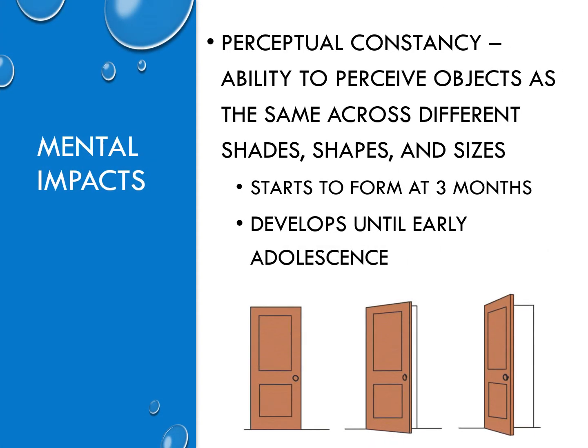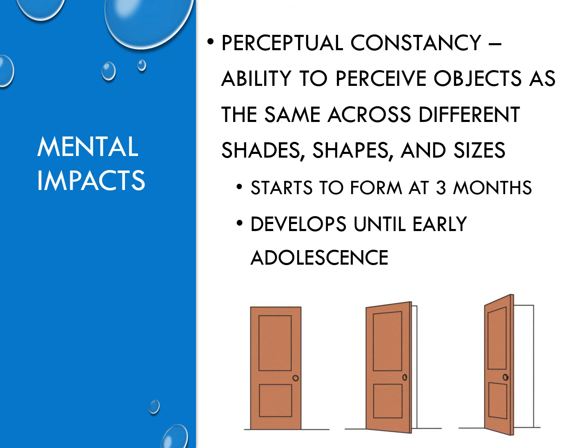Another thing that kids are trying to kind of understand during the first couple months of age is something called perceptual constancy. This is where we transition from just having a way to convert signals in the environment to something that the brain can process to having the brain be able to break down the complex information that's coming to it.